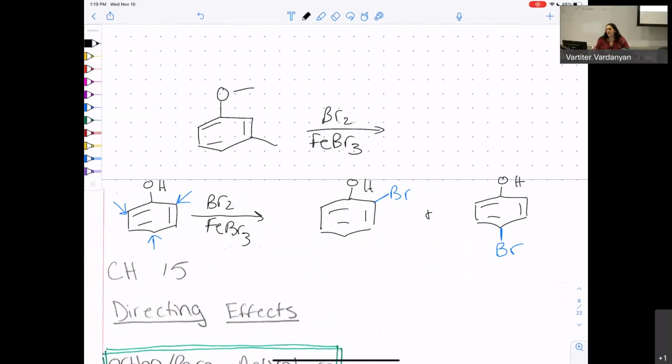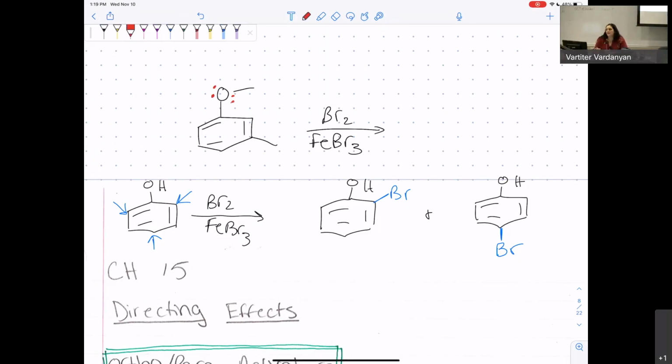We have an OMe group, and then we have a methyl. Which one would be the strongest activator? Oxygen or methyl? Oxygen. Why? Yes, there were a couple of really good things that people said. The biggest takeaway that I want to highlight is the lone pairs.